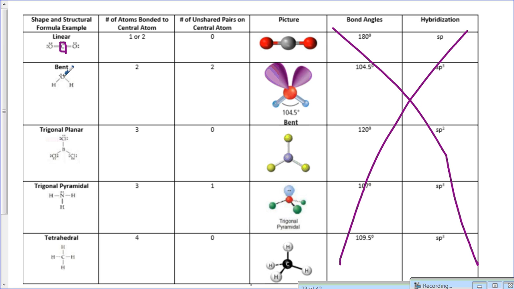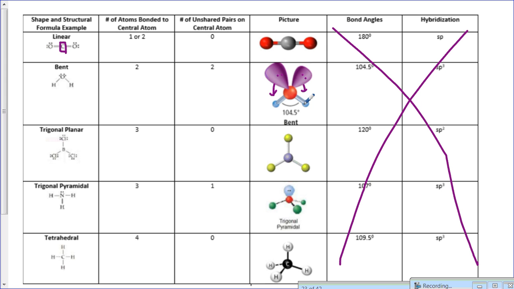So those 2 lone pairs take up some space, and they cause repulsion, and they push away from each other, so it causes your bonded pairs of electrons to have to get closer as well, okay? So that's a bent structure.